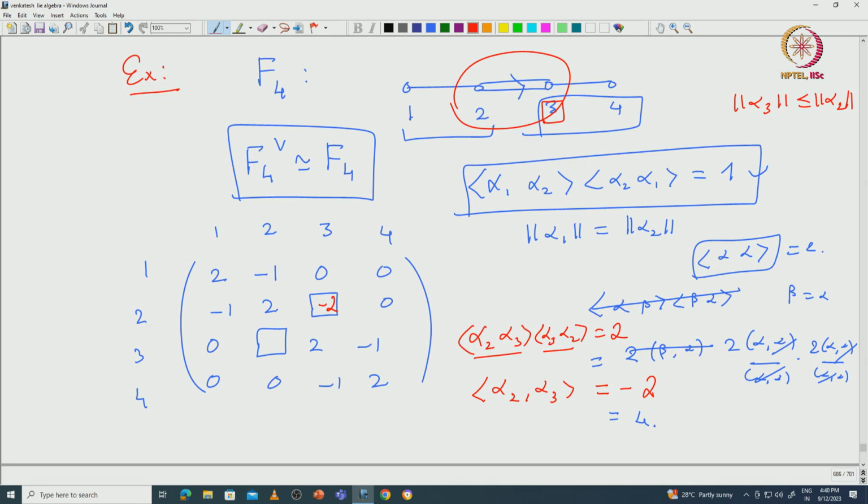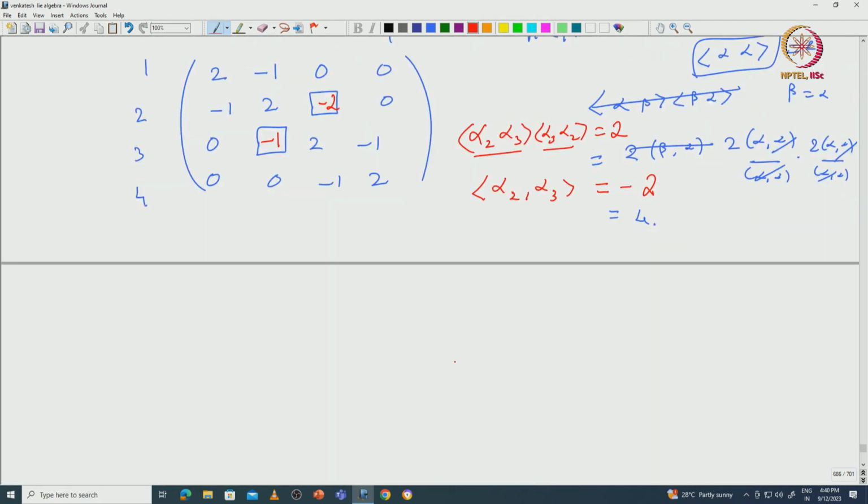So this is minus 2 and this is minus 1. This way we can recover the Cartan matrix directly from the Dynkin diagram. And we have already seen an algorithm to recover the root system from this Cartan matrix. So that way we can recover the root system completely from the Dynkin diagram.